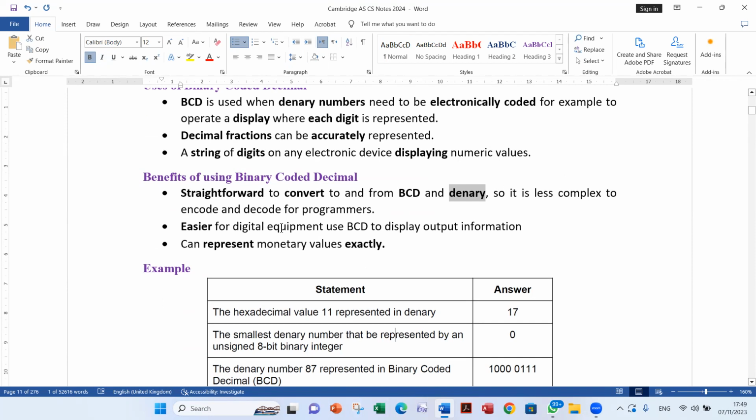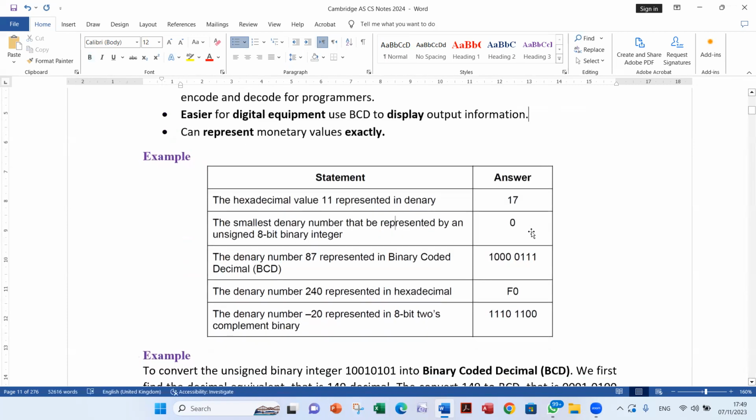It is easier for digital equipment. Use BCD just to display output, some information. It can represent monetary values, which means money, exactly. The BCD is just used for representation.